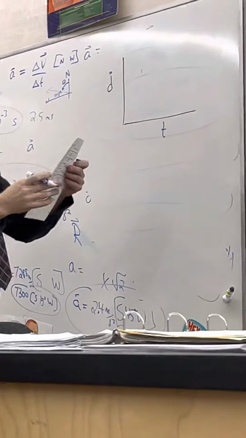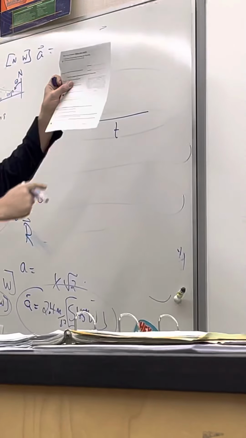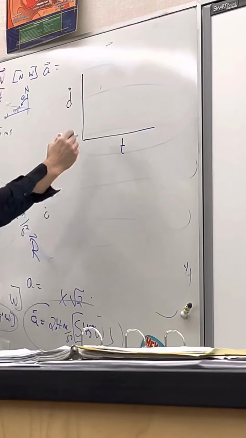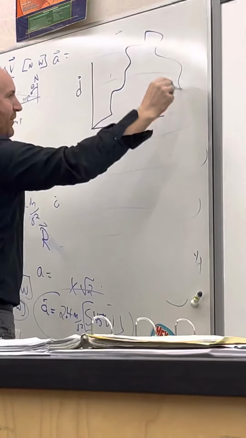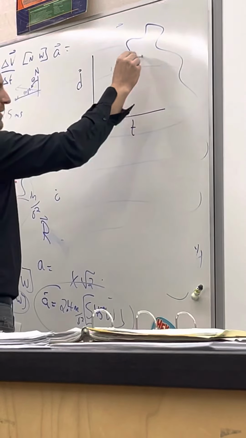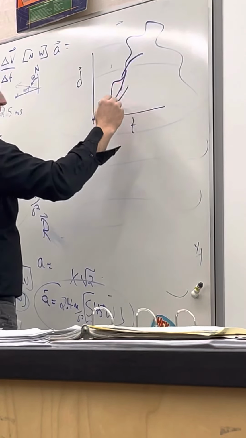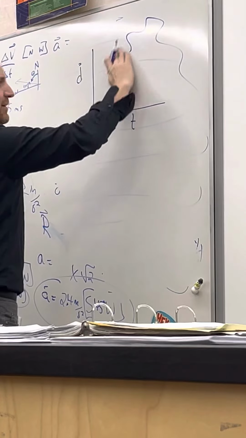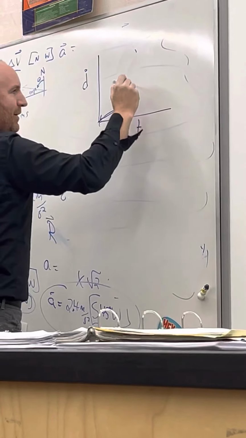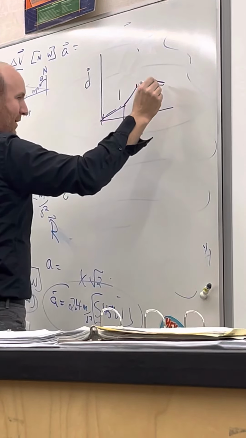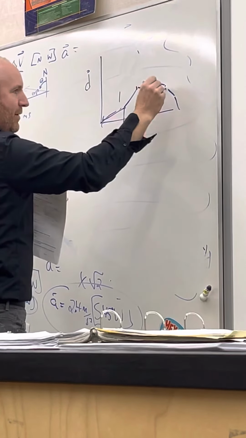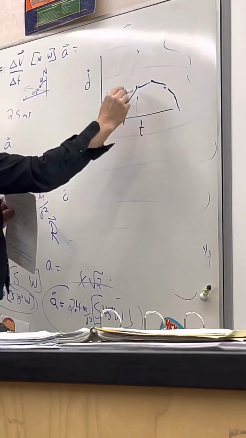The question has a graph on it. The graph has position and time, and it goes like this. There are sections on it, from this time to that time, then from this time to that time, and then it goes down. The sections of the graph correspond to time intervals.